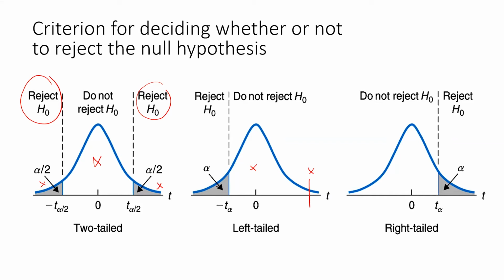We only care and will only reject the null hypothesis if our value falls in this region. Same for the right tail. If we get a calc value around here, or even in the very extreme left tail, we still do not reject the null hypothesis because we're asking about a positive change. We only care if it's over here.